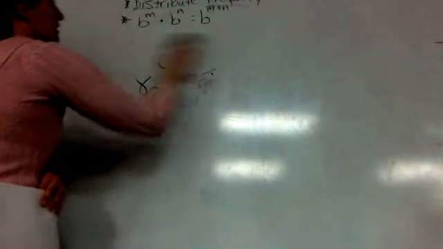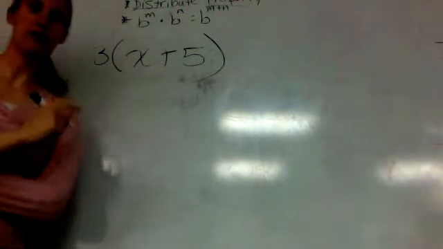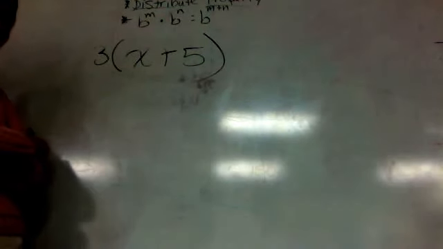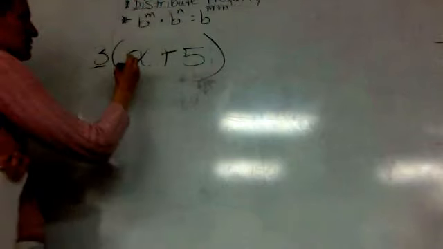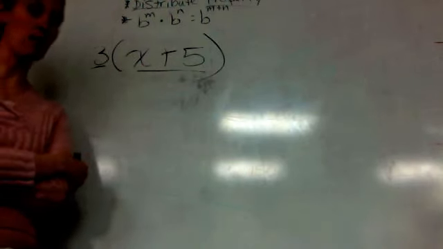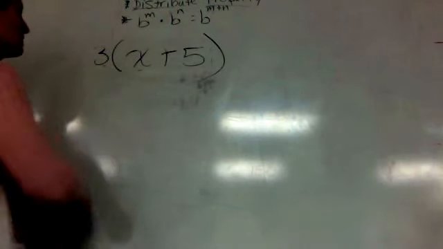Okay? Now, we will try something more familiar. This is something that we learned back when we did the distributive property, which is what we're doing. We're taking a monomial, something with one term, times a binomial, a multi-term polynomial. And we're just going to do that distributive property, the rainbow property.